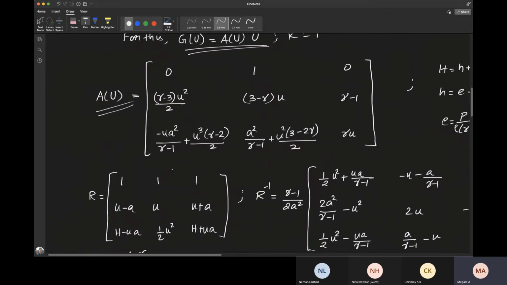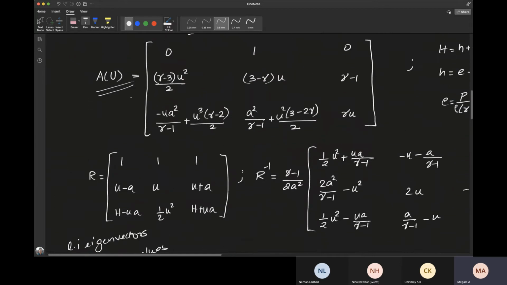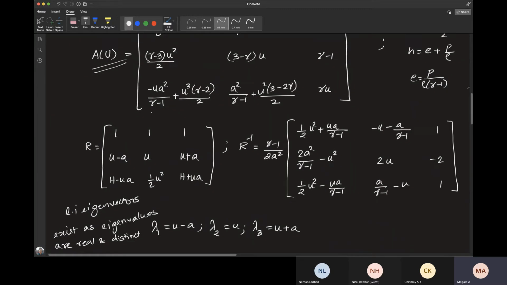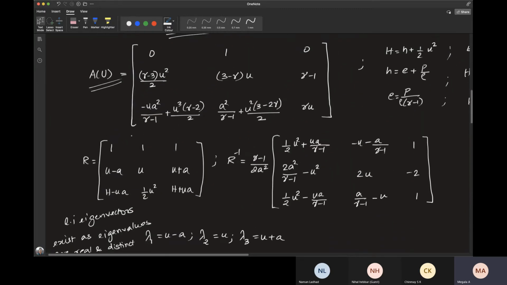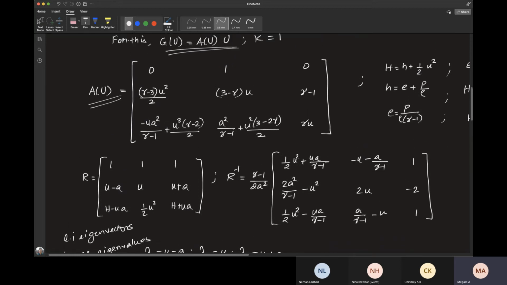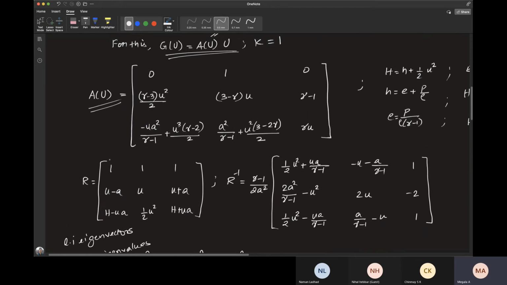Now for this matrix A of u, let us find the linearly independent eigenvectors and then diagonalize this matrix. I've not gone through all the procedures, but I've just written out the eigenvectors. This vector is r1, this is r2, and this is r3. These are linearly independent eigenvectors, such as (1, u minus a, h minus ua).